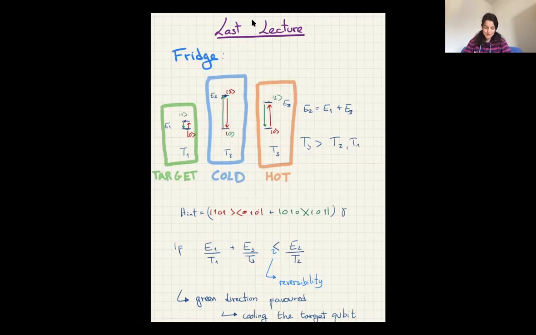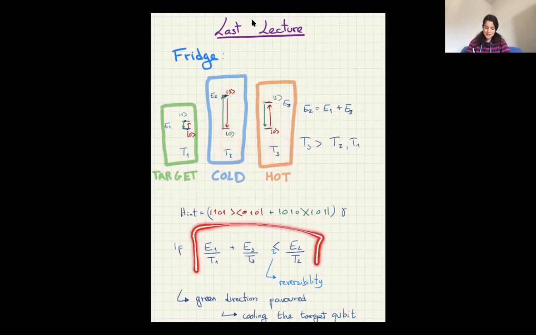So this term here, red, corresponds to this direction: the target gets excited, the cold cools down, and the hot gets hotter. And the green one was the opposite: the hot gets colder, the cold gets hotter, and the target also gets colder. And then we saw that if we fix these temperatures, then we can engineer the size of these gaps.